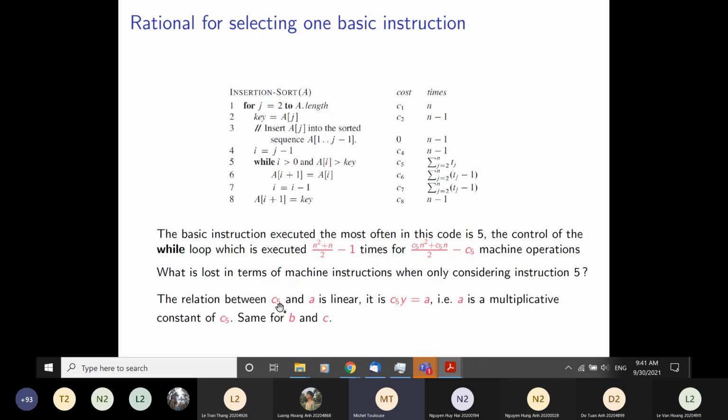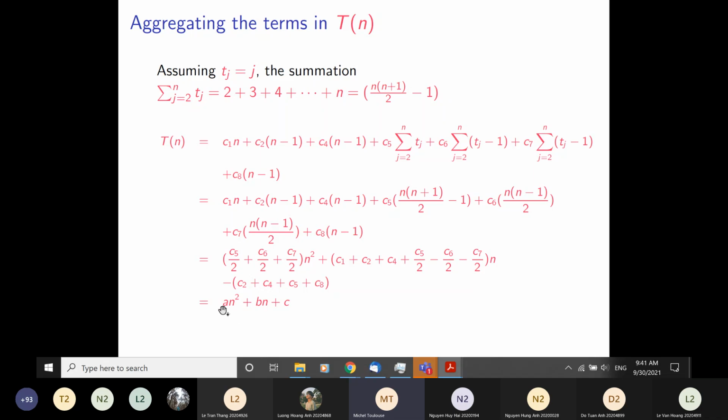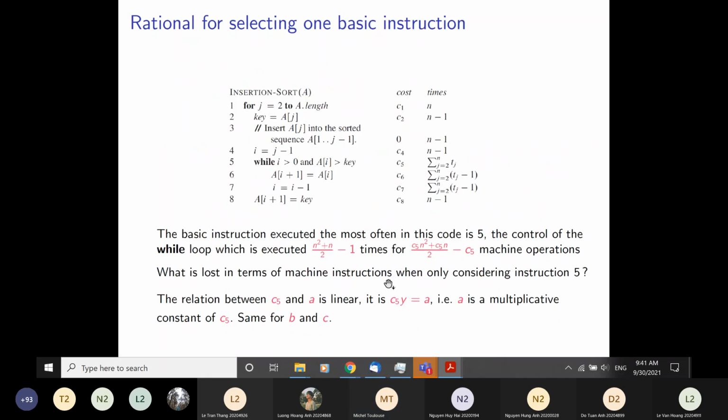So what is C5 with respect to A? C5 is one of the terms in A. When I abstract the constant of n squared, it is actually C5 over 2 plus C6 over 2 plus C7 over 2, and I represent this by a constant A. Now I'm going to select only C5, and I want to know how much precision I have lost with this.